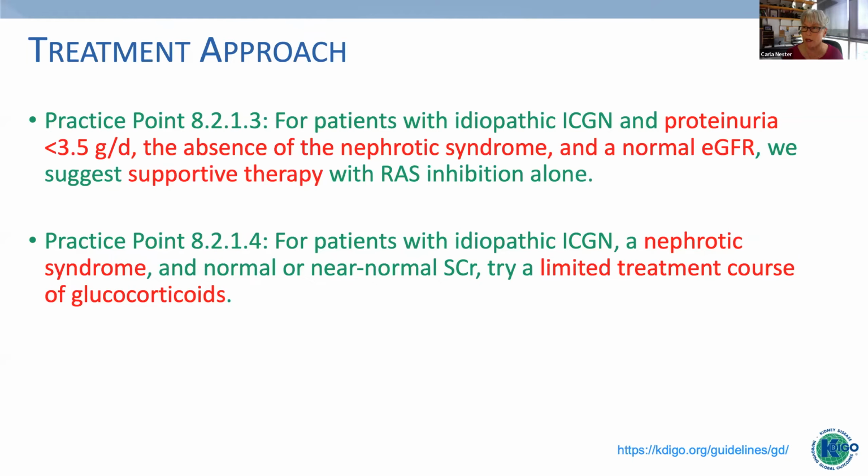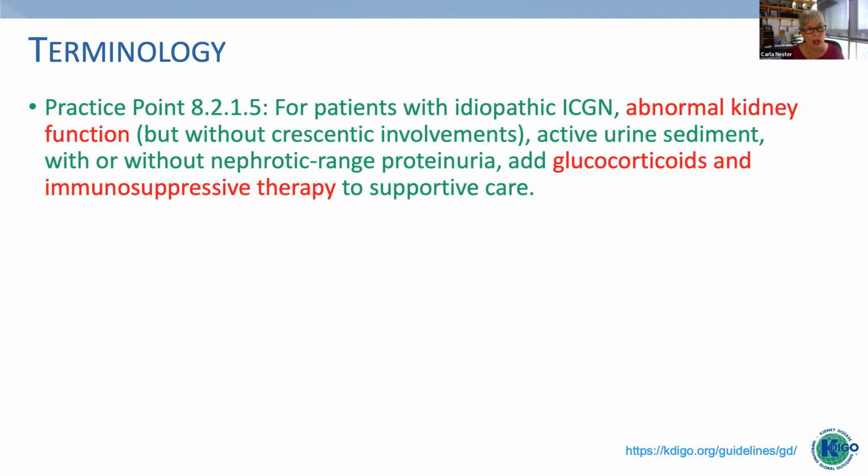The limited part is very important to me as a pediatrician and an internist, because we obviously don't want our children being exposed to too much steroid. How about if you now have abnormal kidney function and you are starting to see high-grade urine protein, maybe not at nephrotic syndrome yet?